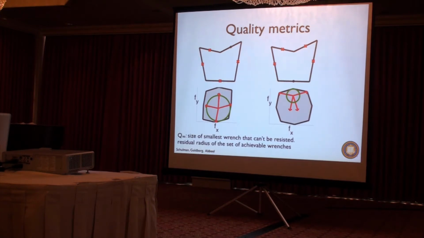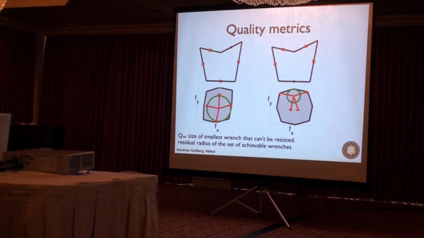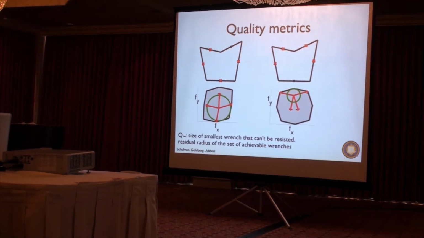And then you basically look at the size of the set of disturbances that you can resist. So here, the gray area shows the set of wrenches that you can produce given this force limit. And the Q infinity quality metric, I apologize if people in the back can't see this, is defined as the smallest wrench that can't be resisted given these force limits.